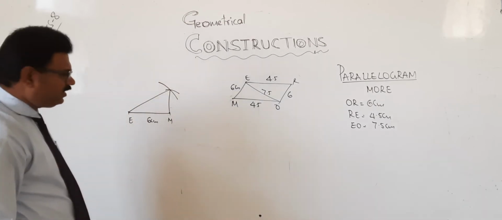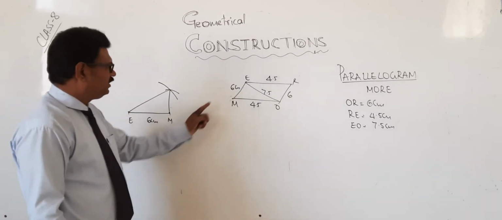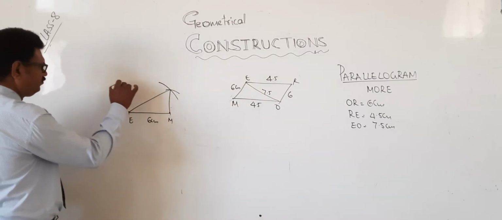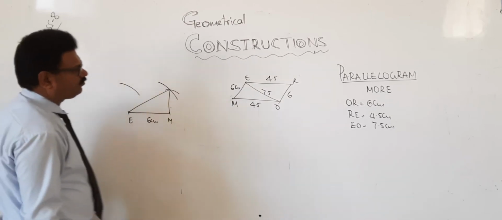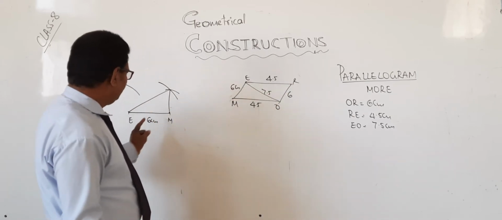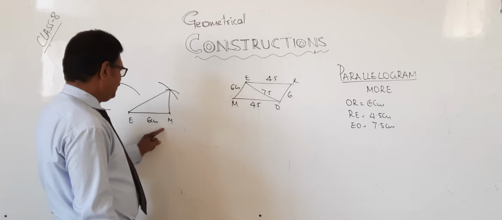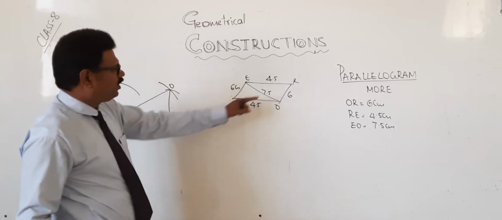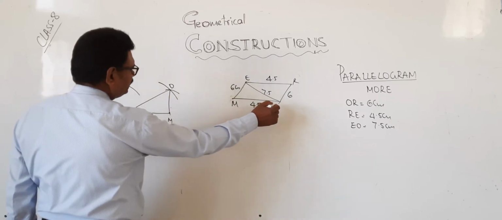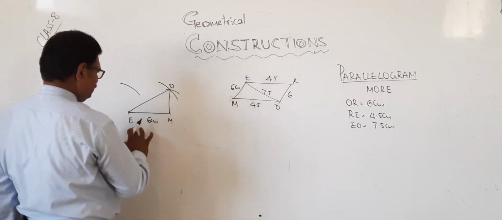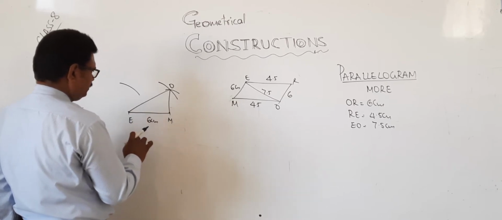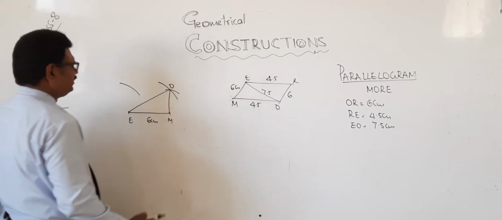Okay? Next, ER, how much? 4.5. OR, how much? This point is which? EMO. For OR, yes, this is R. MOR, right.